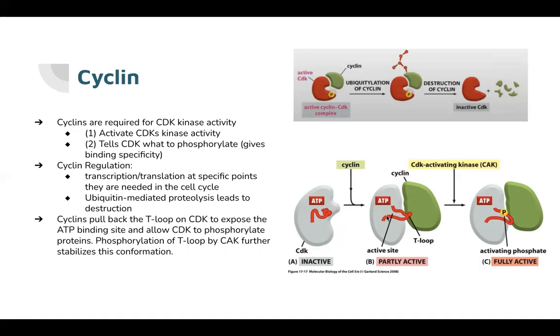Cyclin's going to pull back this T loop, which you could say is a domain inside CDK. It's going to reveal an ATP binding site, so now ATP can diffuse in, and this complex can go and phosphorylate downstream proteins. And then CDK activating kinase can also phosphorylate the T loop to stabilize this conformation.